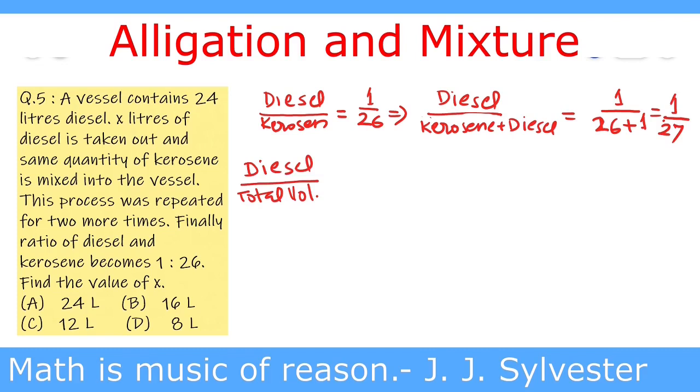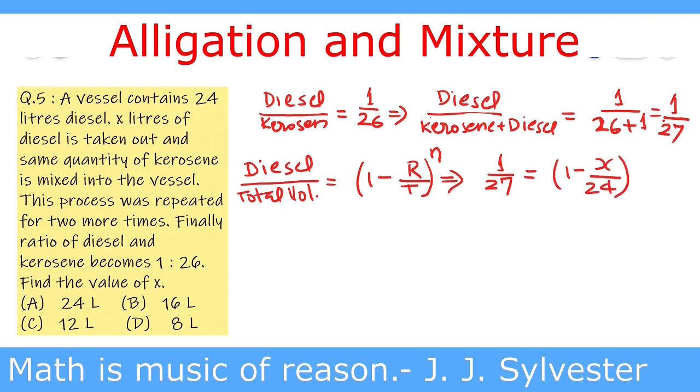Final value of diesel upon total volume of the mixture equals (1 minus rate upon total volume) to the power n. So diesel upon total volume we have found out is 1 upon 27, equal to (1 minus x upon 24) to the power 3, as the initial quantity in the vessel is 24 and the process was repeated 3 times. 1 upon 27 is (1 upon 3) to the power 3, equal to (1 minus x upon 24) to the power 3.